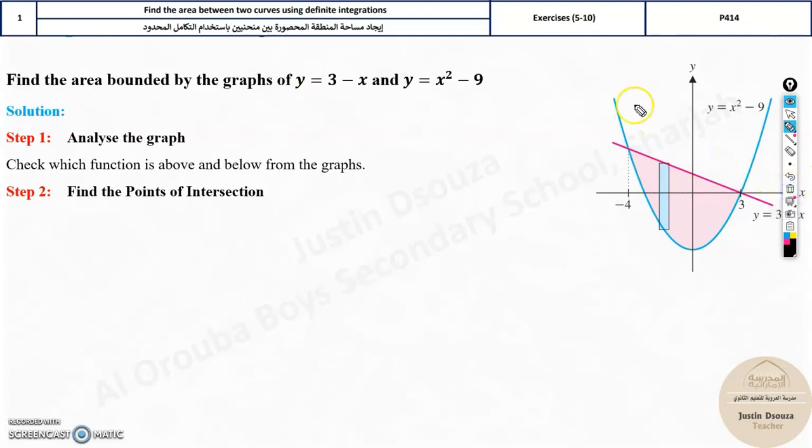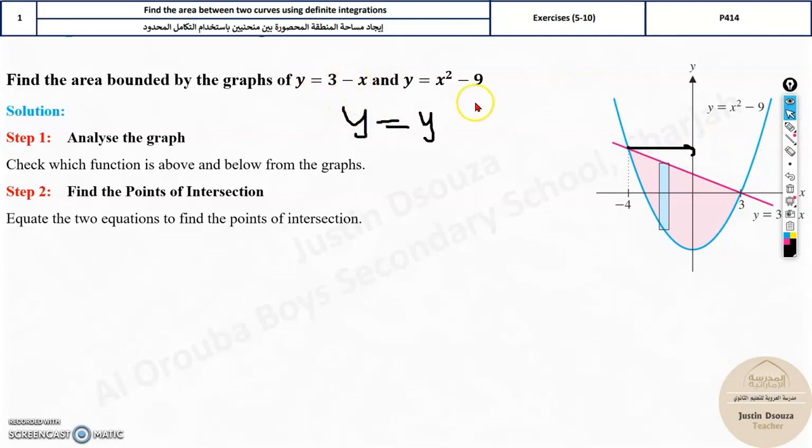So what does it mean? The y values are the same, right? So it means y equals y. So equate these two equations: 3 minus x equals x squared minus 9.